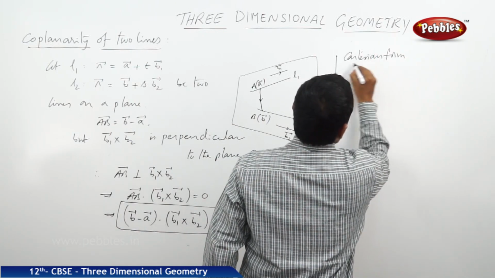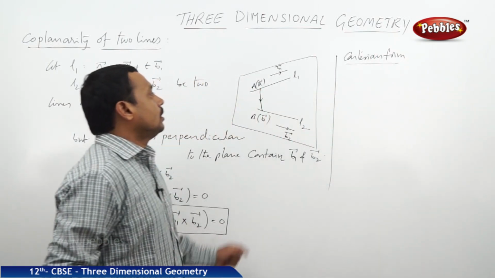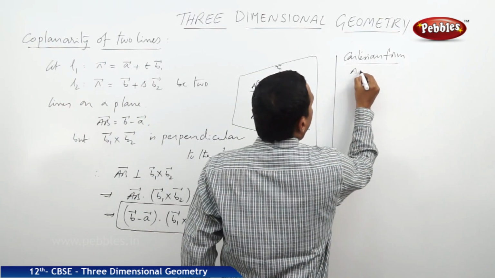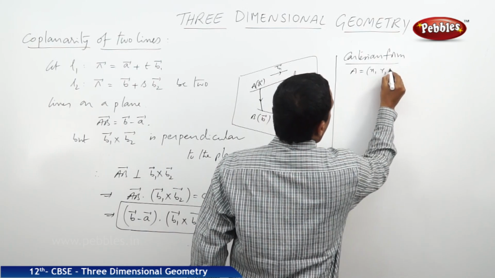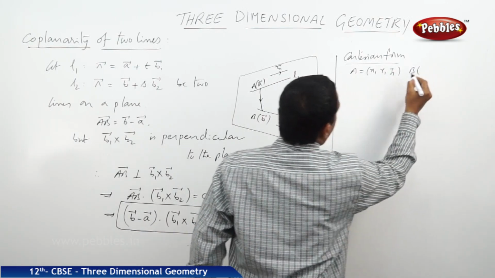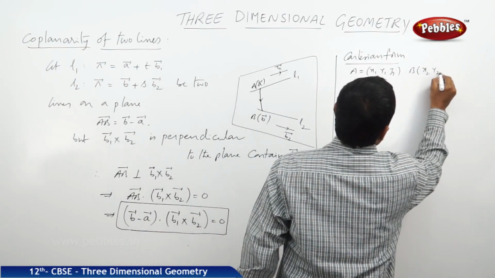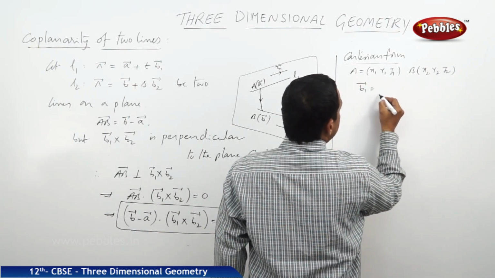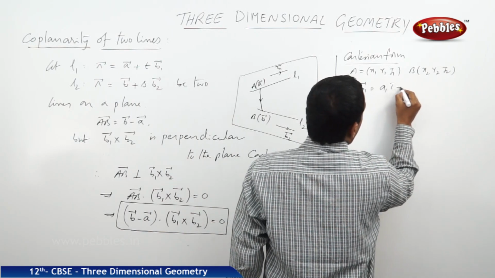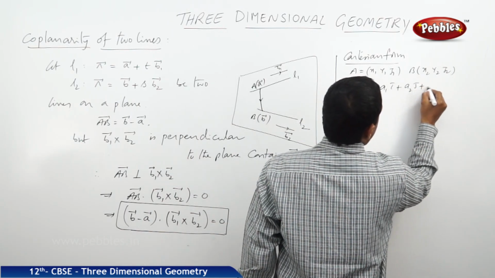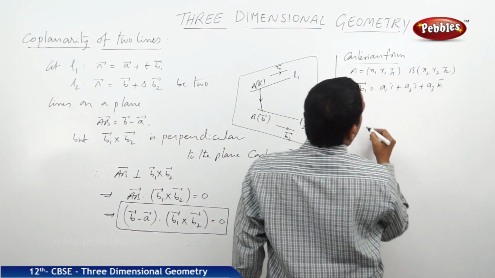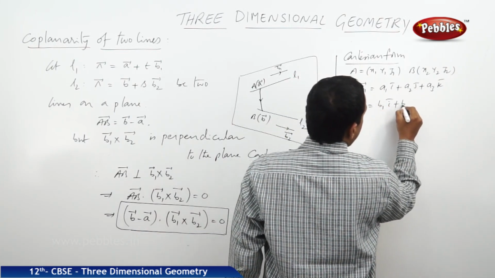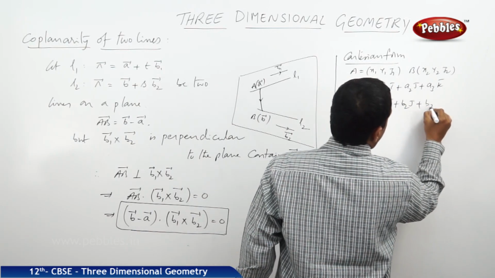For Cartesian form, let us take a point A as x1, y1, z1 and the point B is x2, y2, z2 and b1 vector is a1i plus a2j plus a3k and b2 vector is b1i plus b2j plus b3k.